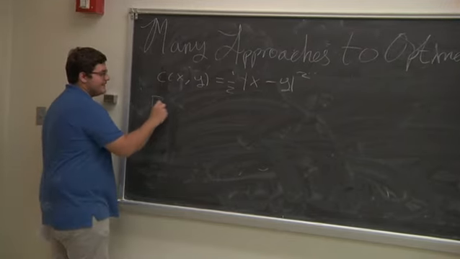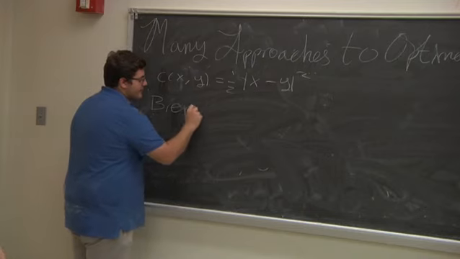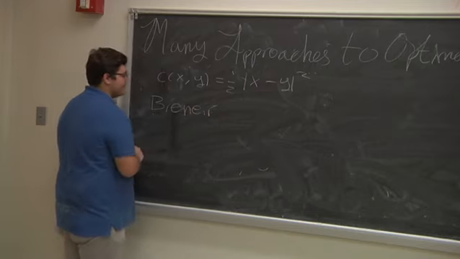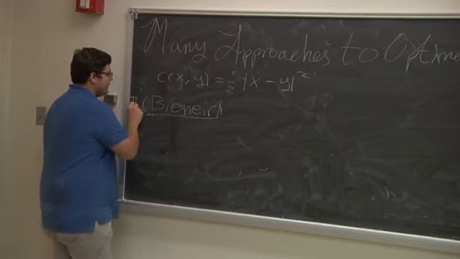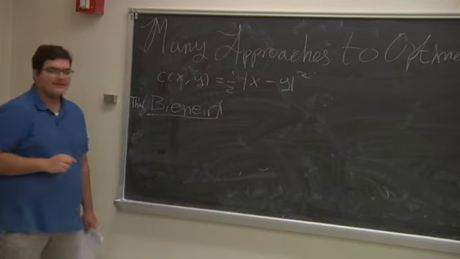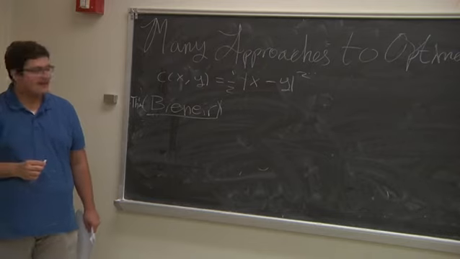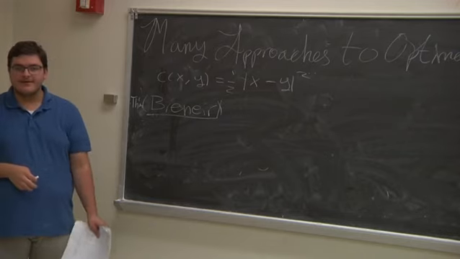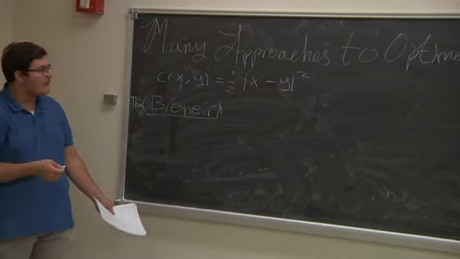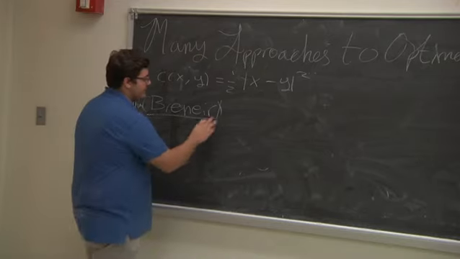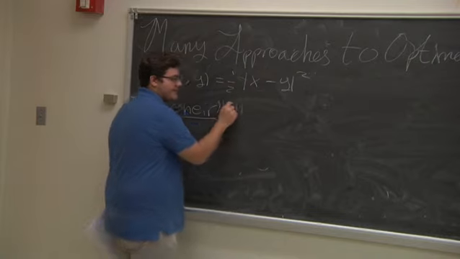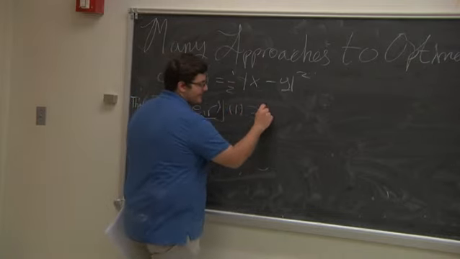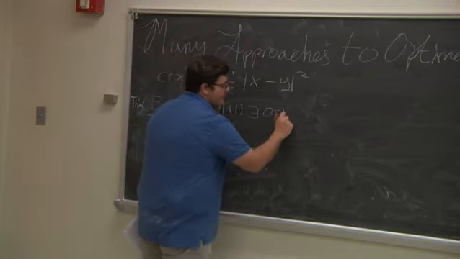So Brenier says, I think this is how you spell it, although I can be completely wrong. What Brenier says is that if you have this cost function, then the solution to the optimal transport problem will be, well, the first big thing is that there exists an optimal transport map.